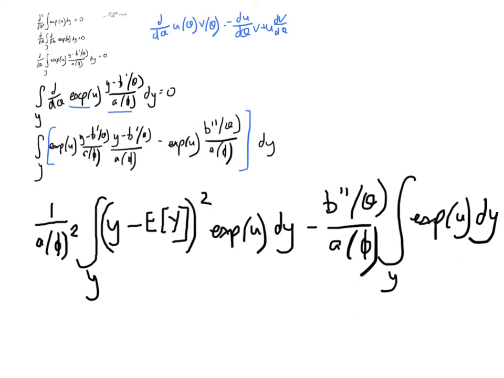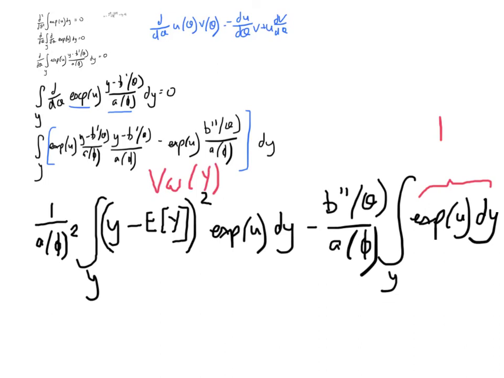So with a little bit of rearranging, I can now do some pattern spotting, because what I have here is the integral of a PDF over its whole range, so this is equal to 1, and I have here an integral of y minus the expected value of y, squared, multiplied by the PDF, and we have a word for that: that's the variance of y.